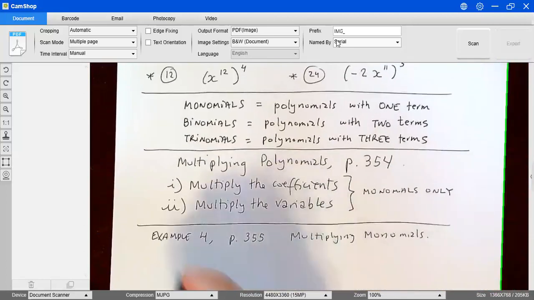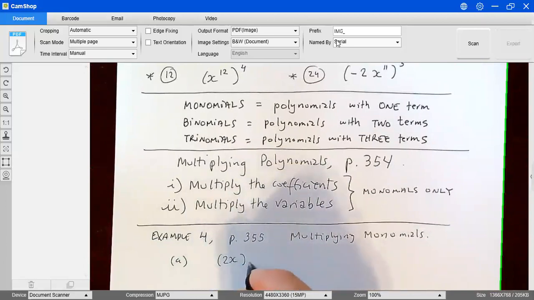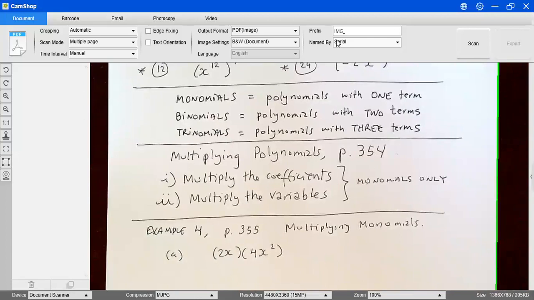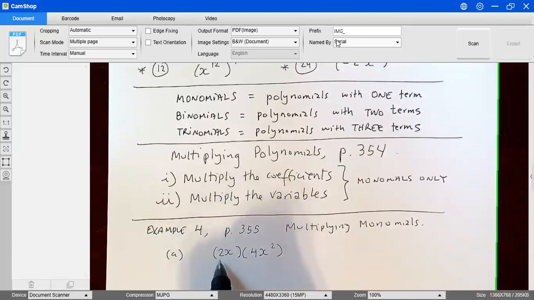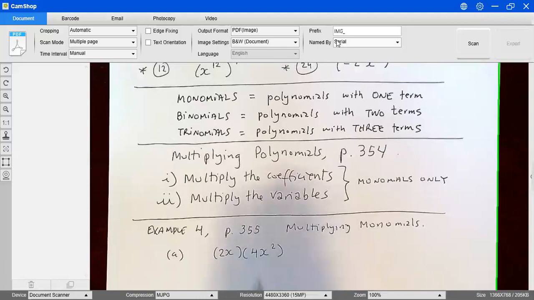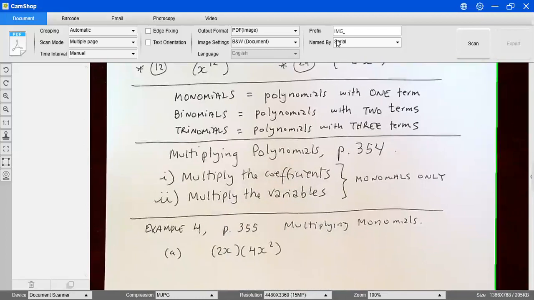So let's start. I have, for example, 2x multiplying 4x squared. So you have here two monomials. This is a polynomial with one term, and this is another polynomial with only one term, and I'm multiplying two polynomials, in this case, two monomials.